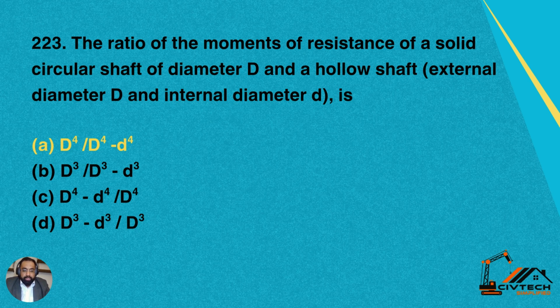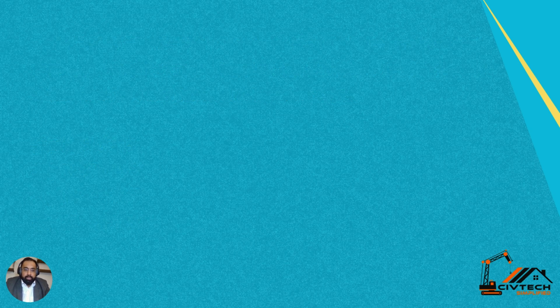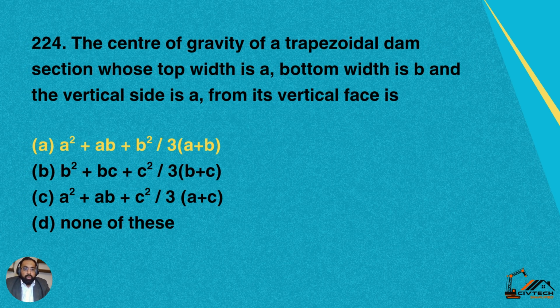One shaft is solid circular, the other shaft is hollow circular, and the hollow shaft has external diameter capital D and internal diameter small d. So A is the correct answer, capital D power 4 divided by capital D power 4 minus small d power 4.